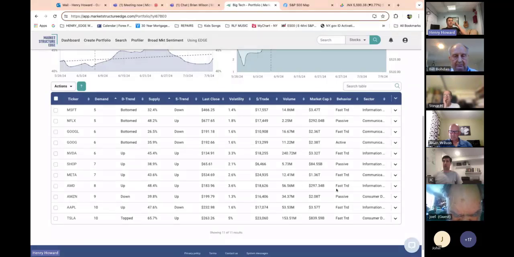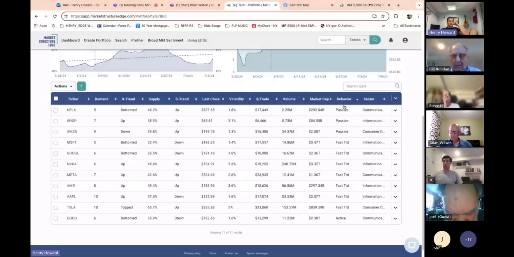The thing I mentioned on Wednesday is, look at these names. I think it was 6 out of 11 of the names had fast trading. We'll look again today, and we see that it's 7 out of 11. I look at active, as active again is not a significant amount of trading behavior.